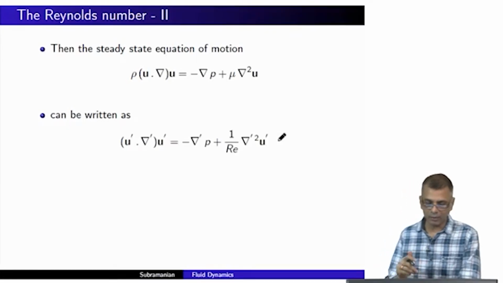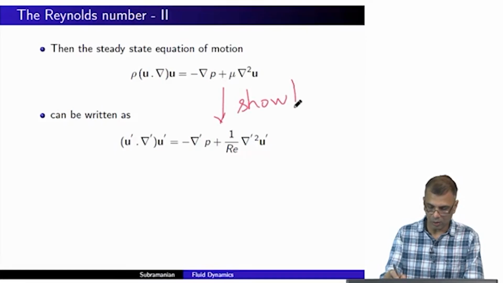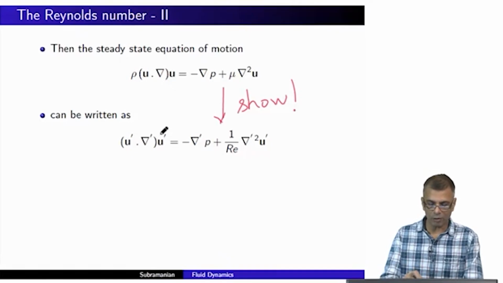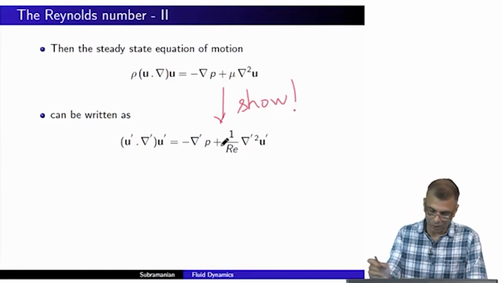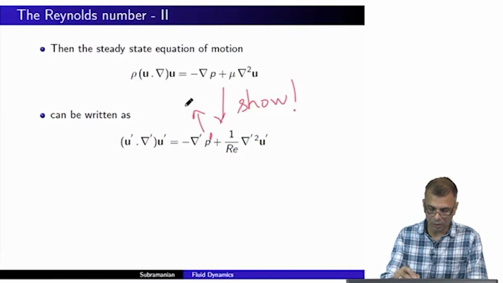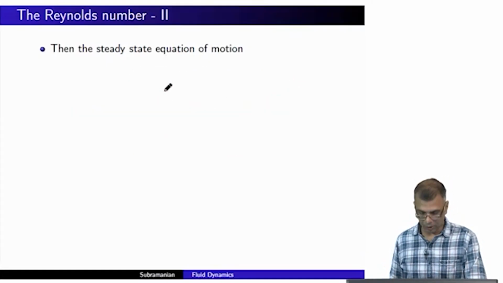And I urge you strongly to show this, where the definitions of u prime, x prime, which does not explicitly appear here, and p prime are as given. There really should be a prime here. In other words, this is actually p prime. These are the definitions.